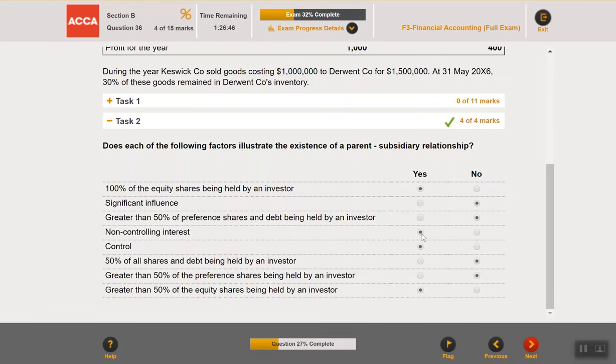Non-controlling interest exists in a subsidiary. Control also exists in a subsidiary. 50% of equity shares, not 50%, more than 50%. And greater than 50% of preference shares, preference shares do not give us control. Greater than 50% of equity shares, so equity shares give us control, which means subsidiary.